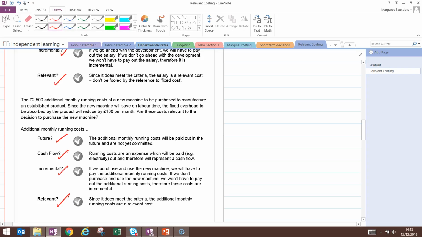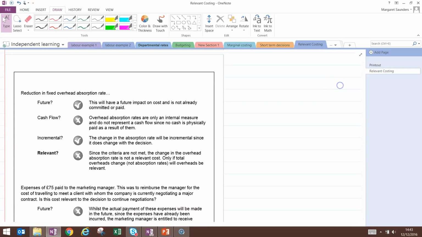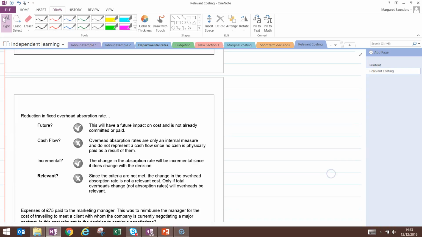But what about the £100 a month reduction in our overheads absorbed? So again, we apply the three criteria. Is it a future cost? Yes, it is, because it's only going to happen if we go ahead with the new machine. Is it a cash flow? Well, the answer is no. It's an overhead absorption rate we're using to absorb our overheads.